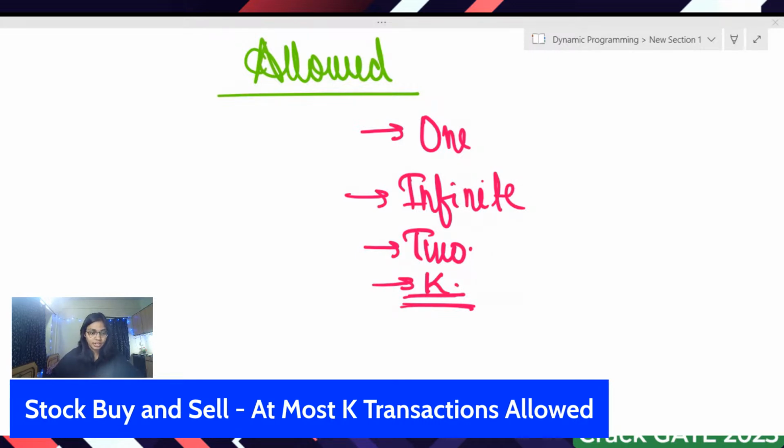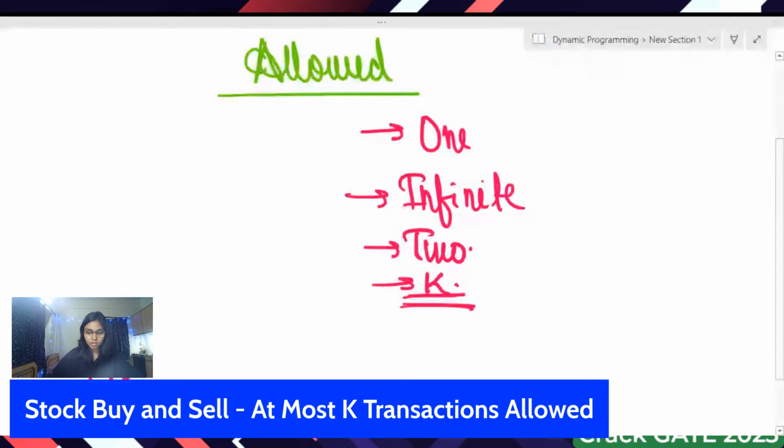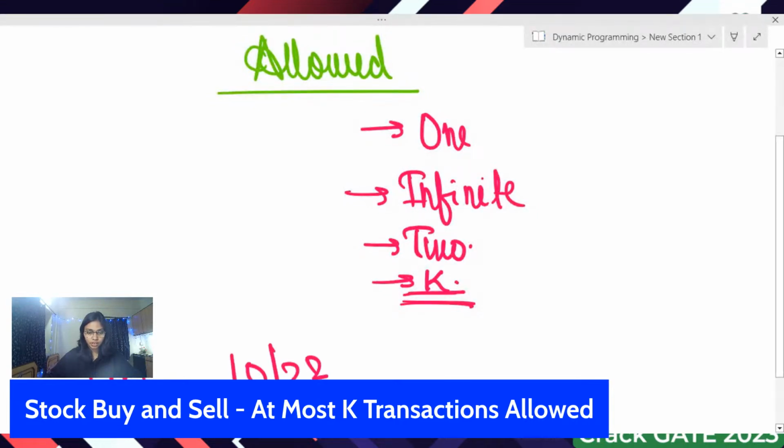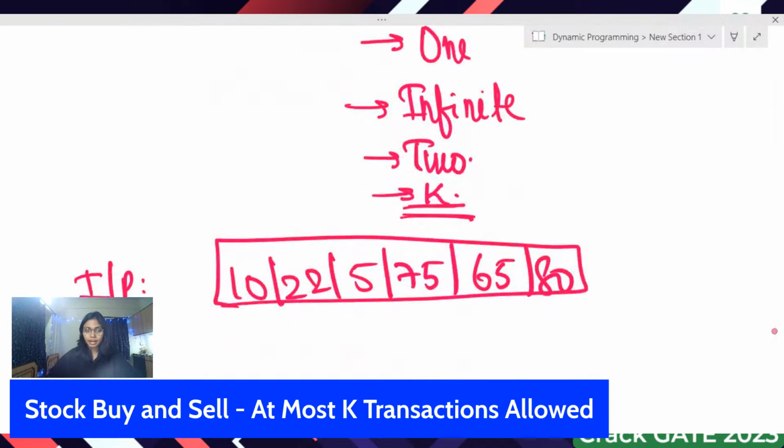Let us see, for example, the sample input that is being given. The input is 10, 22, 5, 75, 65, 80, and the value of K given to us is 2.